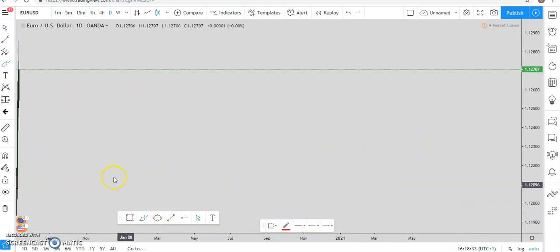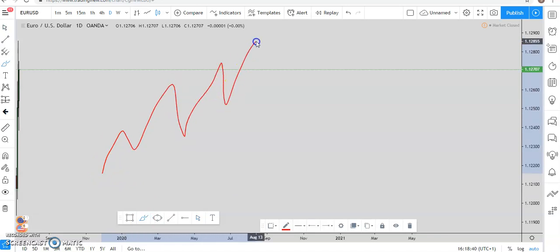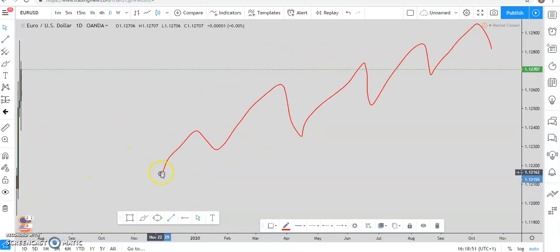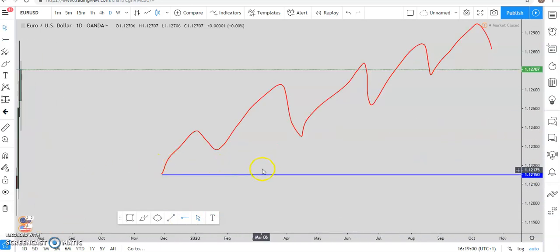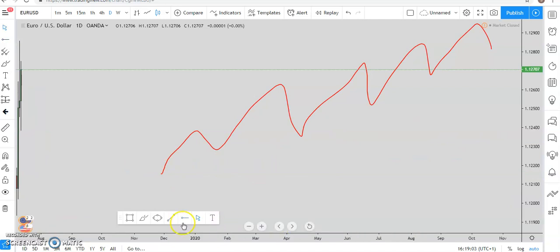Let me draw this. Assuming price moves up in this direction. Let me use the brush.